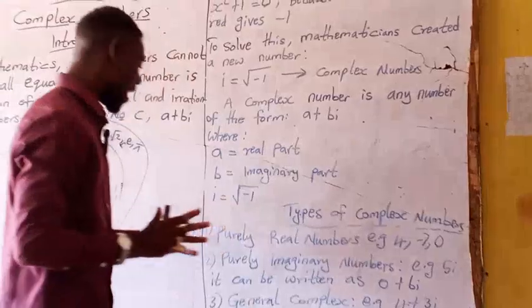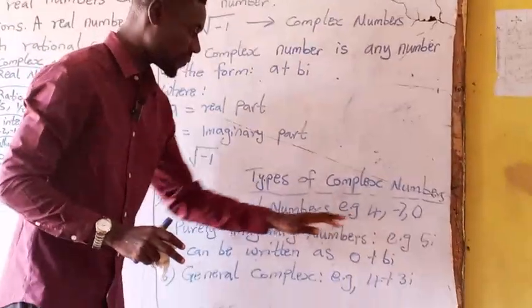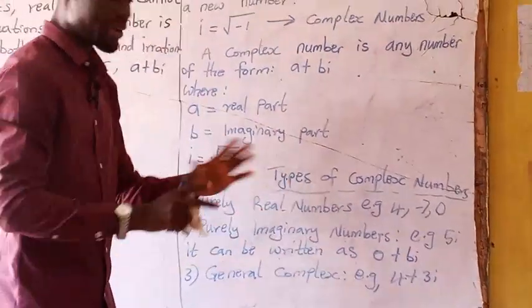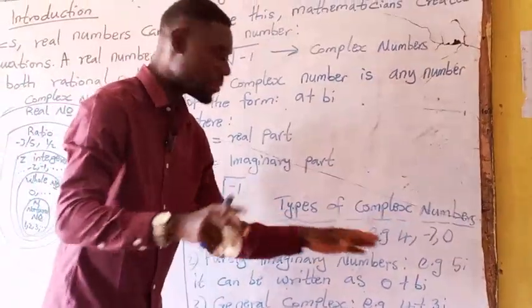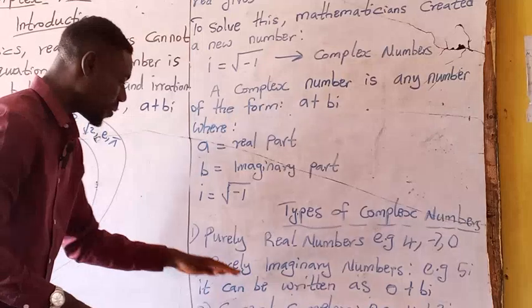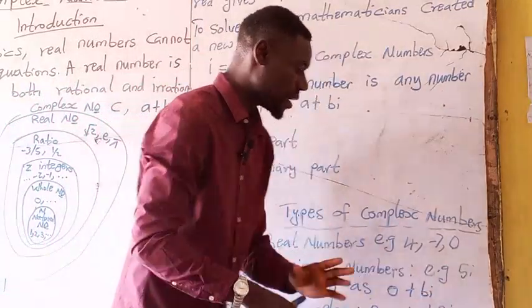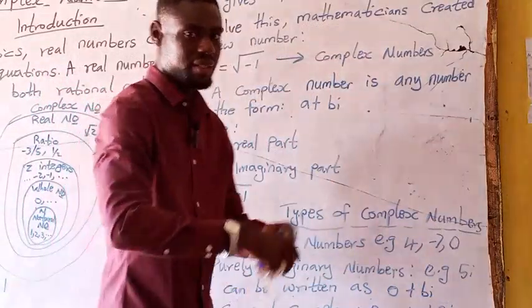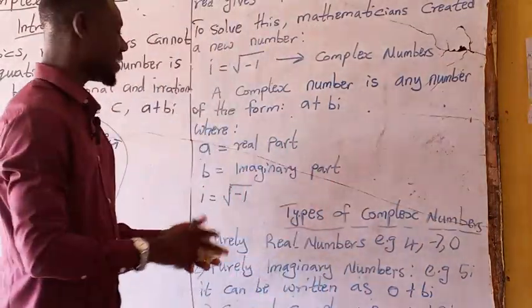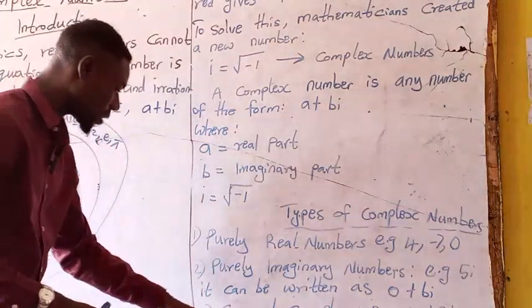There are three types of complex numbers. The number one is pure real numbers. Pure real numbers, just like I said, they are your normal integers. Can be any number, 4, 5, 7 till infinity. Then we have pure imaginary numbers. Pure imaginary numbers can be 5i, 6i, 7i, all those values that are attached with imaginary parts.